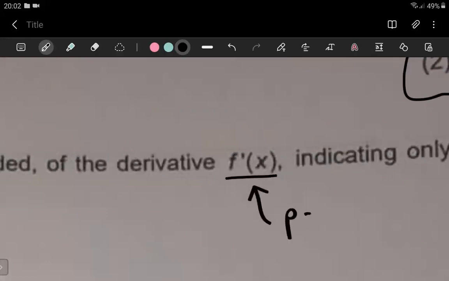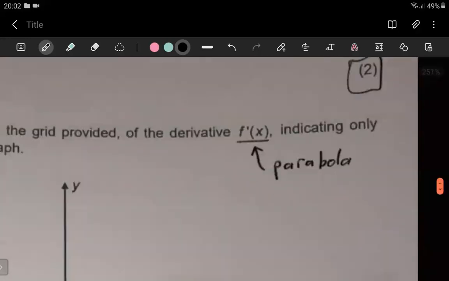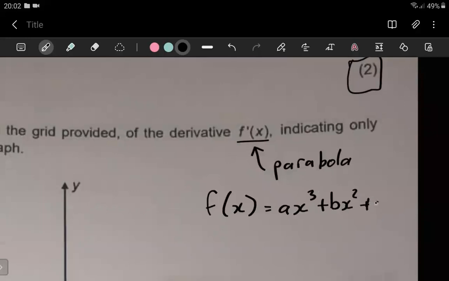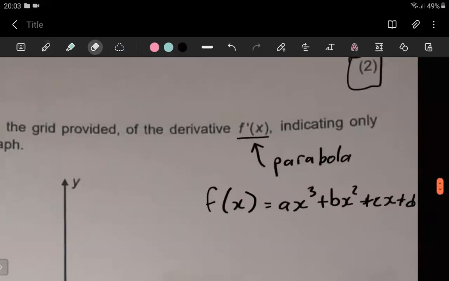The reason the first derivative is going to be a parabola is because if f of x is ax cubed plus bx squared plus cx plus d, let me move this to the far left.